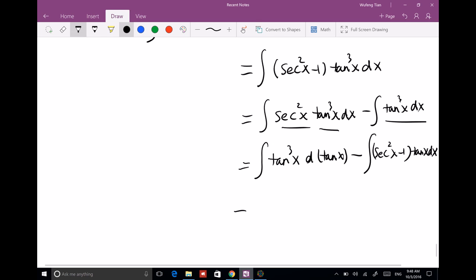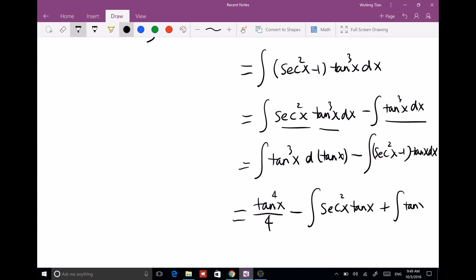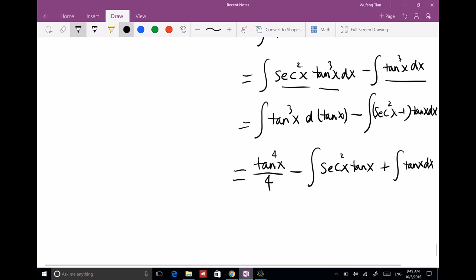So this is just a regular tangent x to the power 4 over 4. This one, which is perfect, I have a secant x squared, so secant x squared tangent x plus tangent x dx. And then this one is perfect because I can change that into d of tangent again. So it's tangent x to the power 4 over 4 minus, this is just a tangent x dx.